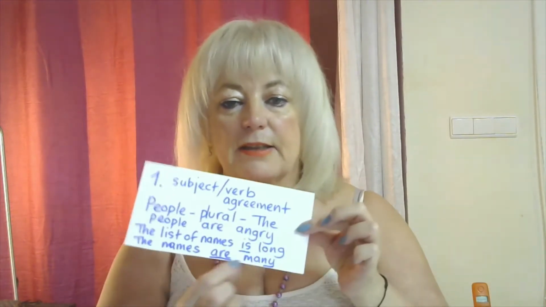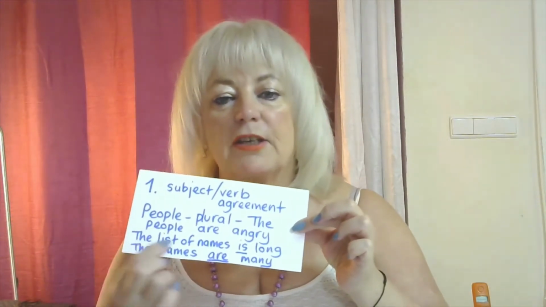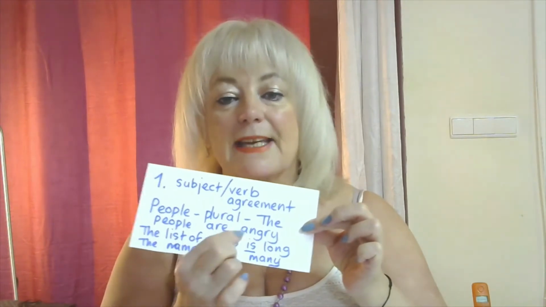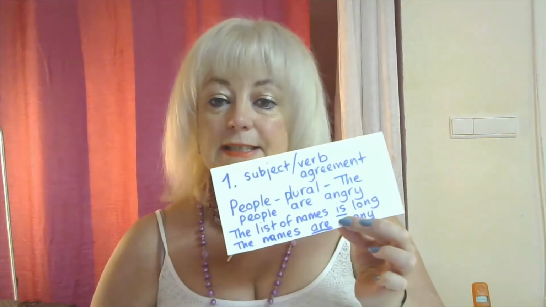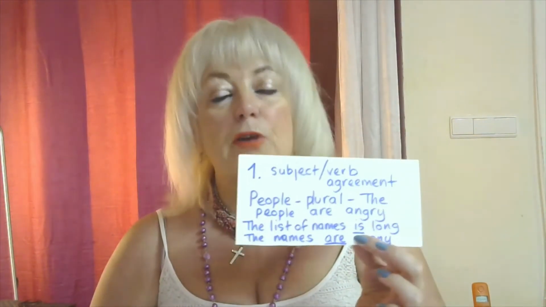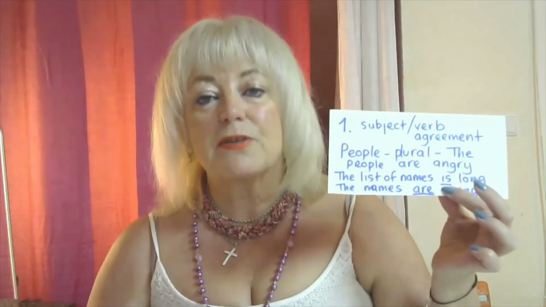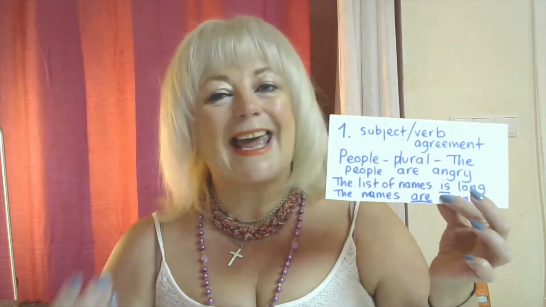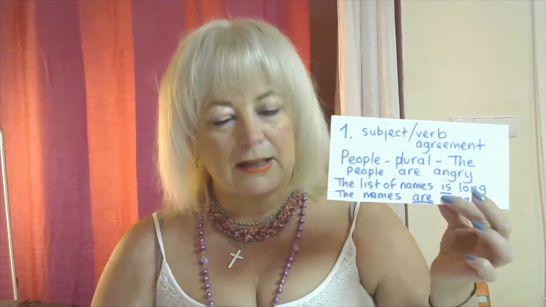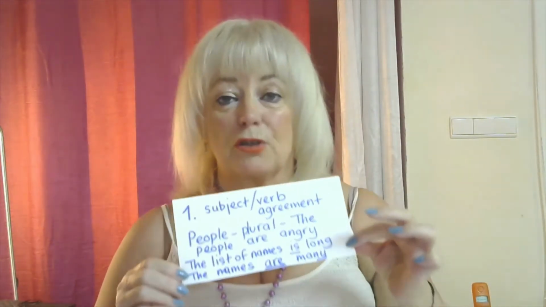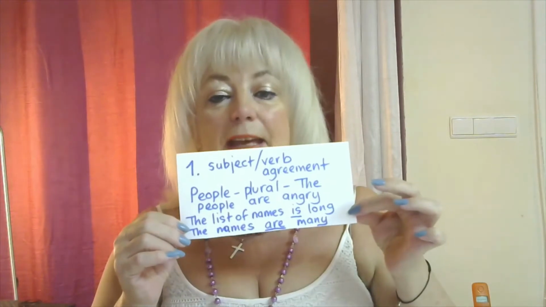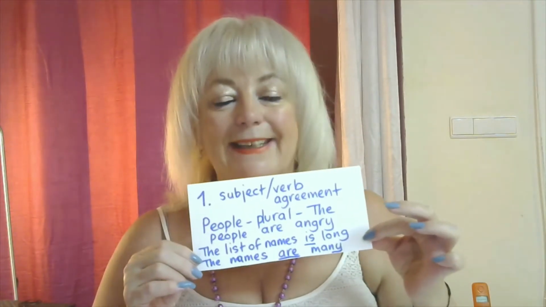And then these other examples, the list of names is long. And it is long because it's the list. This is describing the list. Eso describe la lista. La lista de nombres es larga. But of course, if we were talking about the names, si hablamos de los nombres, the names are many.